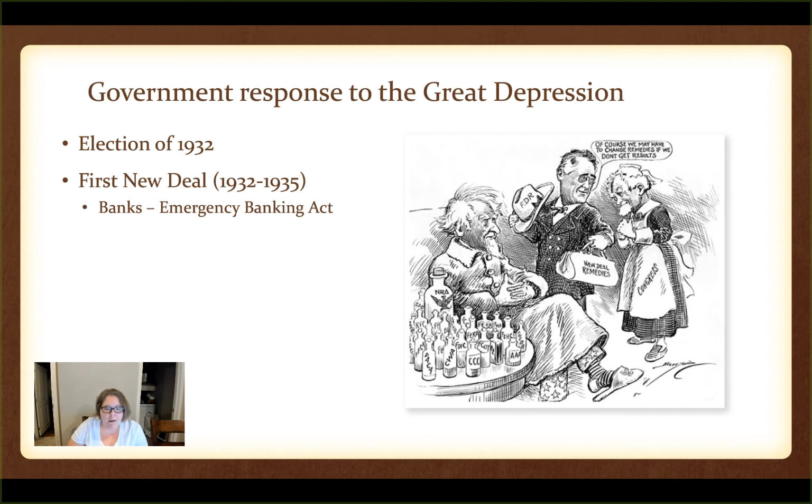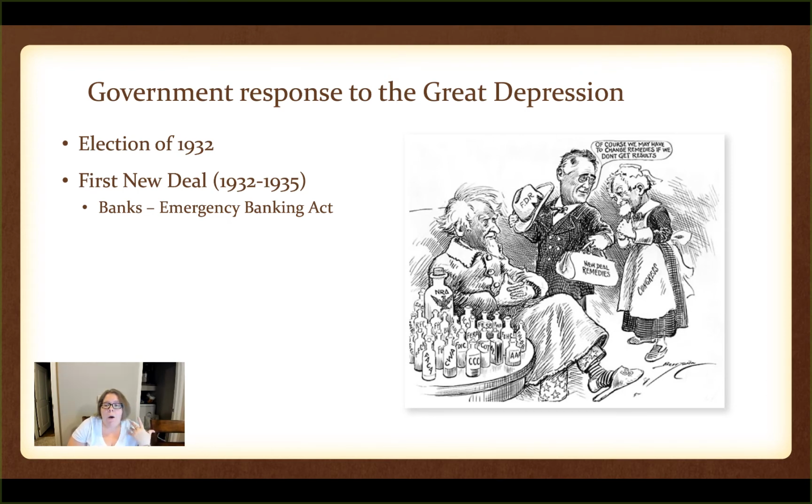And so the outcome to the election was much as you would imagine. FDR wins a landslide victory over Herbert Hoover in the Electoral College and wins 57% of the popular vote. He also comes into office with a strong, commanding majority in Congress to get his program passed.